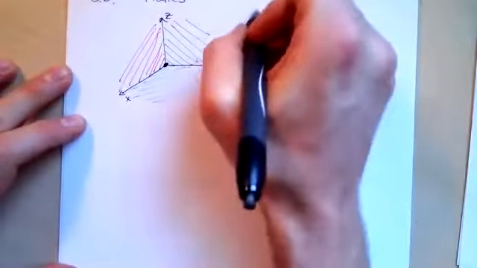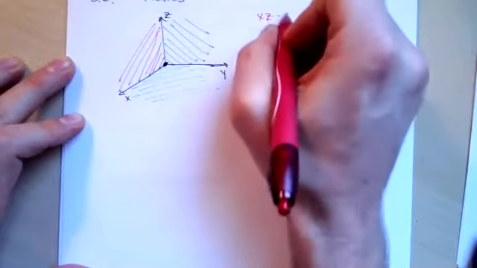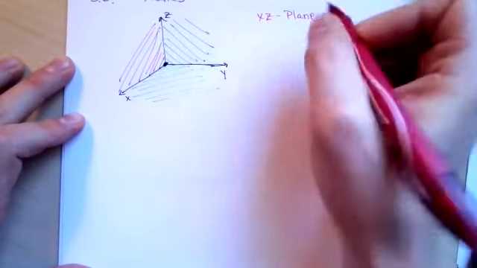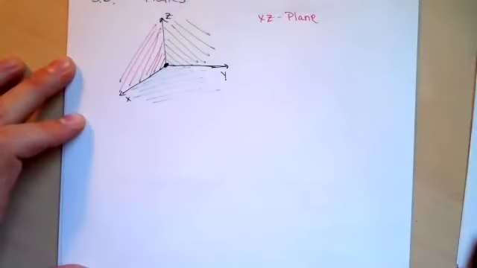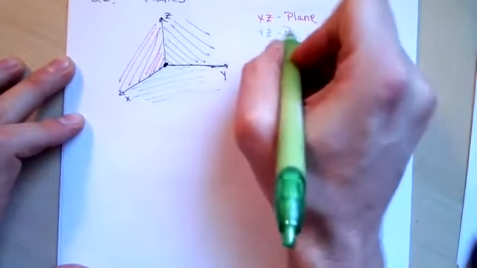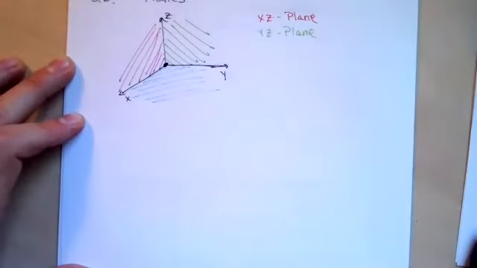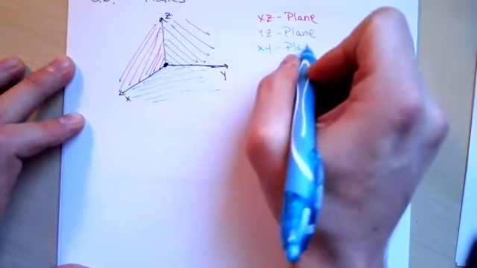And so when I say something like the xz plane, that's the red plane. It's the plane spanned by x and z. Likewise, our yz plane and our xy plane.